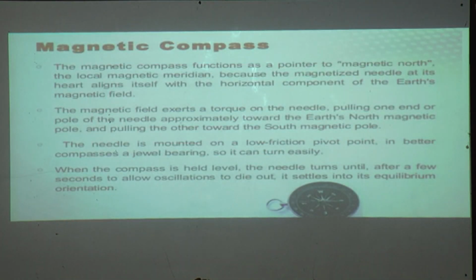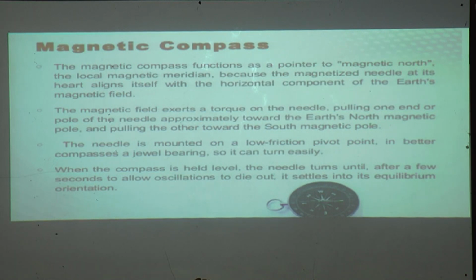Now some facts are given here about this magnetic compass. The magnetic compass functions as a pointer to magnetic north, the local magnetic meridian, because the magnetized needle at its heart aligns itself with the horizontal component of Earth's magnetic field.